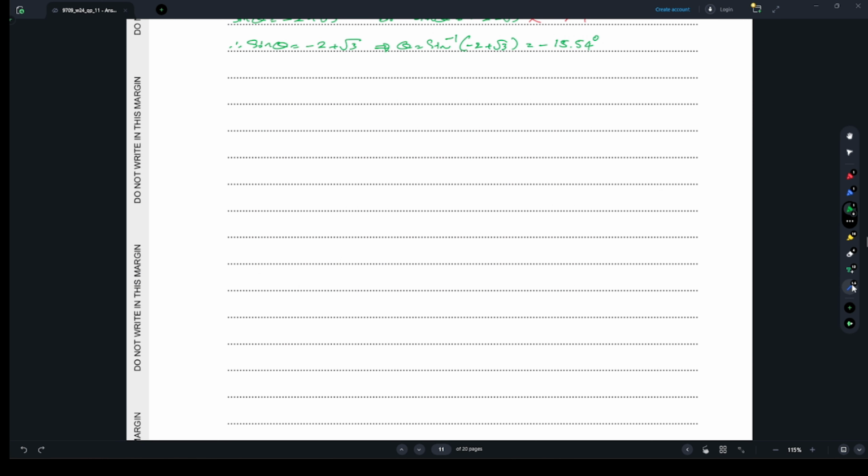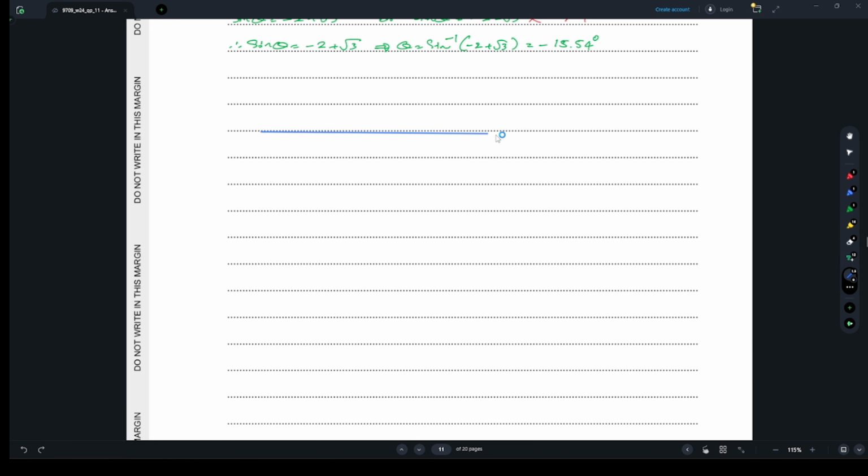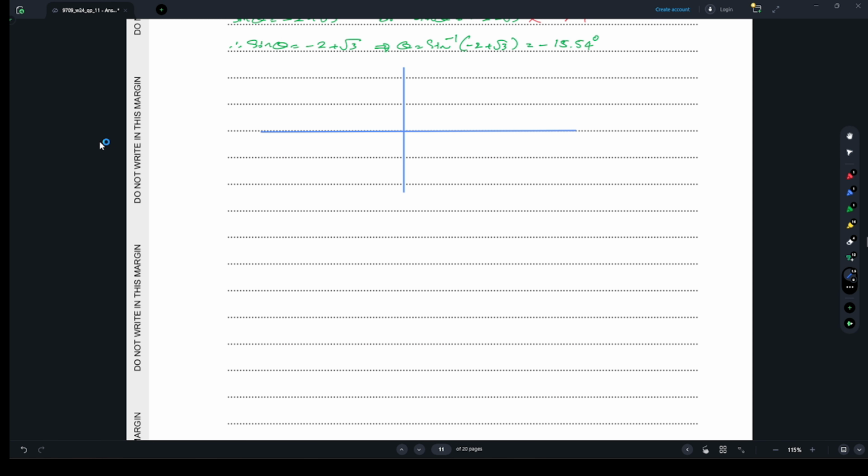The easiest way is, you should draw the graph of sine theta. So I would take it like this. The graph of sine theta: we start with 0 and we have to stop at 360. Here 180, here 360.